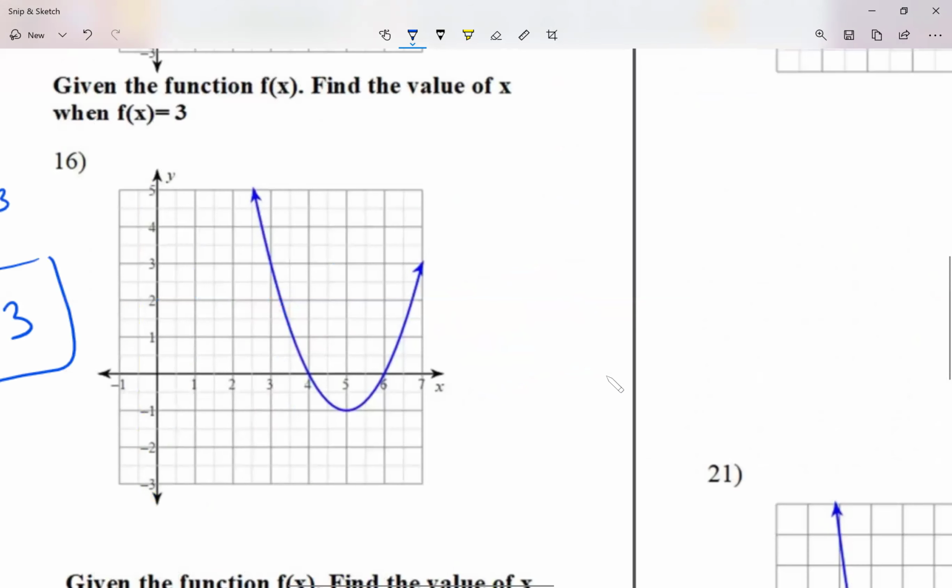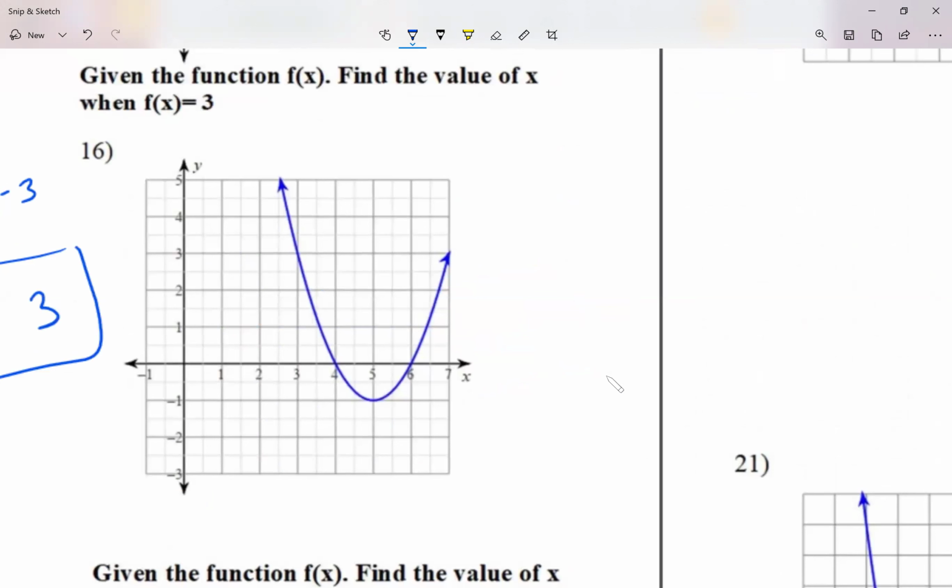Let's take a look at question number 16. Given the function f of x, remember, f of x is the blue thing, find the value of x when f of x is equal to +3. Okay, so I look at my y-axis. It's right here. And I'm going +3, right? F of x is +3. So I'm just going to go here. Where do you cross the function f of x?